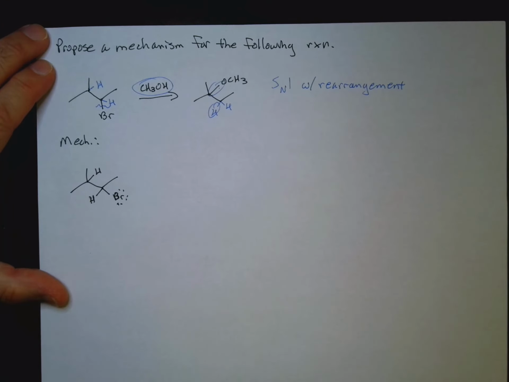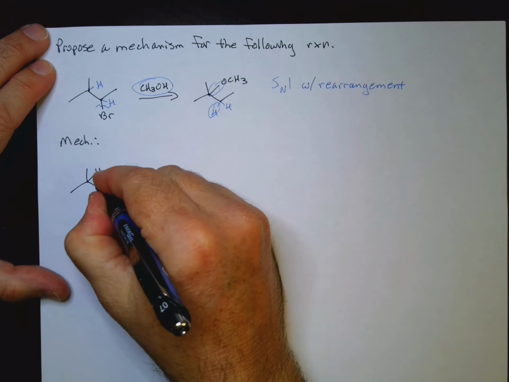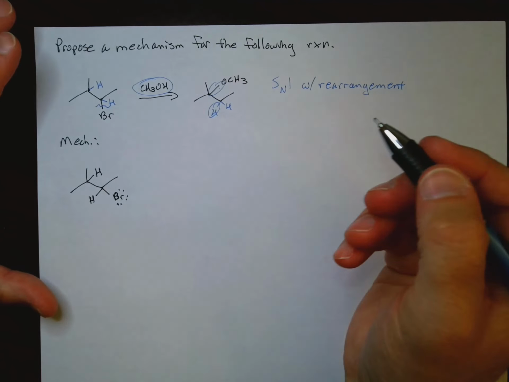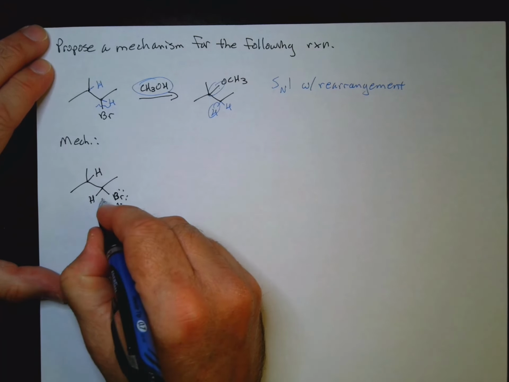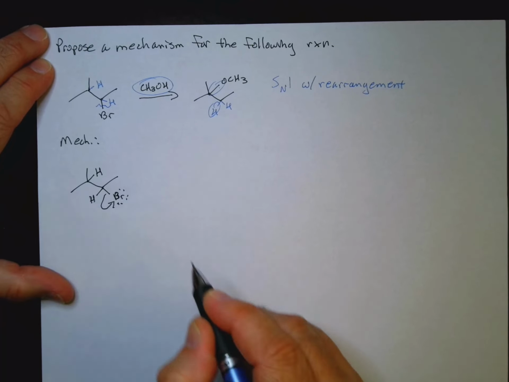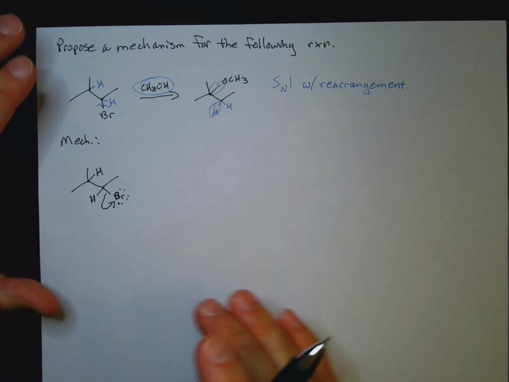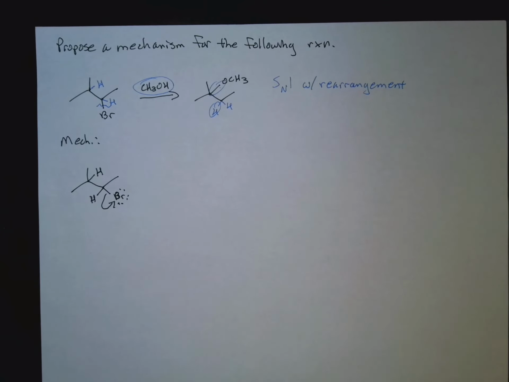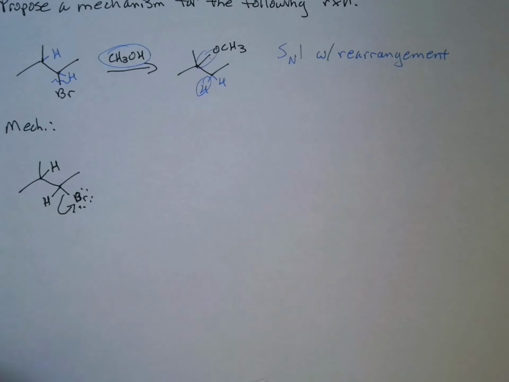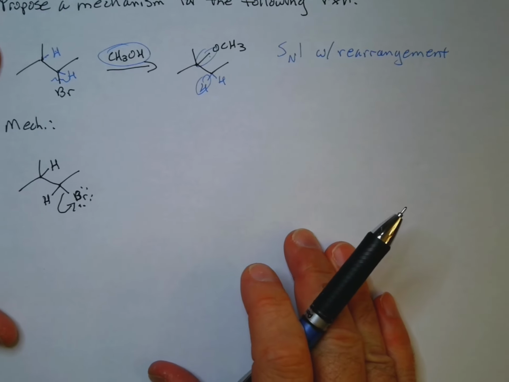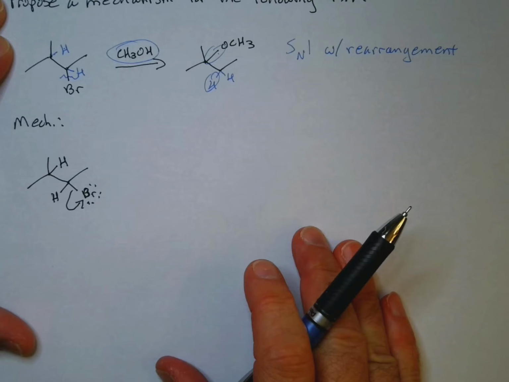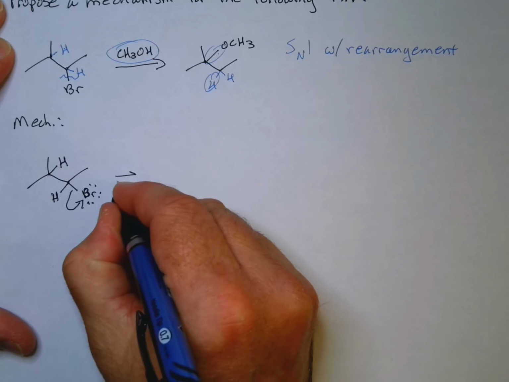Now, do I have any acid present to do a proton transfer? I do not. So my first step is simply going to be loss of leaving group. I'm going to zoom in here. Hold on. There we go. We will get loss of leaving group.